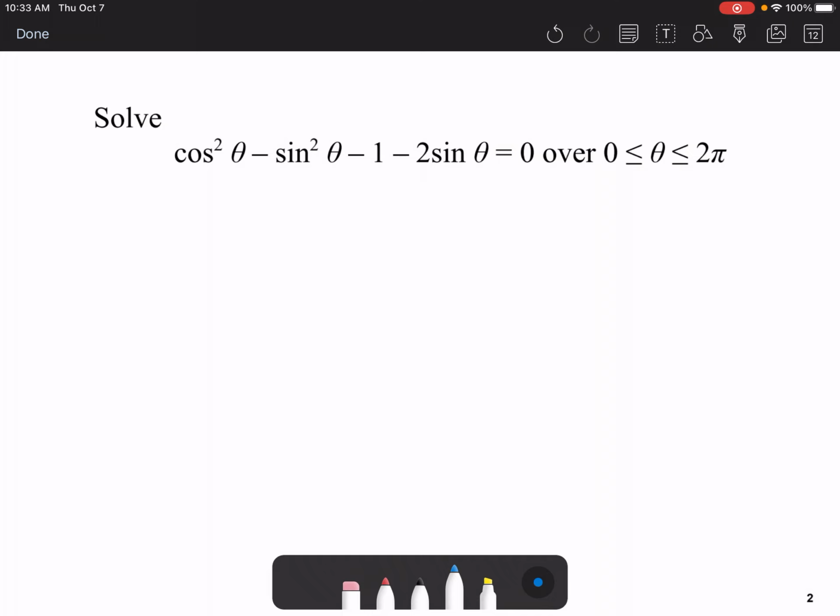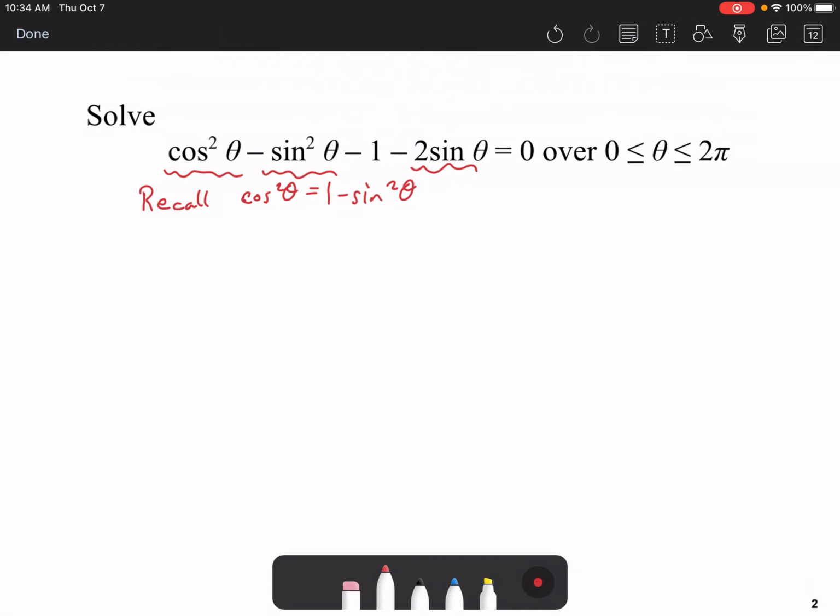Well, first notice that right here we have a cosine, we have a sine, and a sine. So a cosine function and two sine functions, they do relate to each other, and it might be easier to actually change a cosine into a sine. So first of all, recall that cosine squared theta is equal to 1 minus sine squared theta due to our Pythagorean identity.